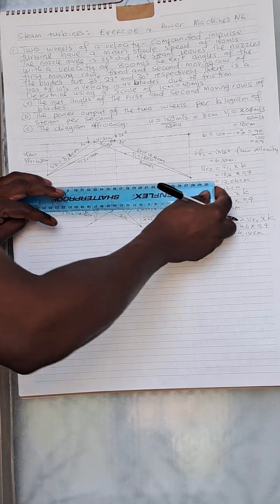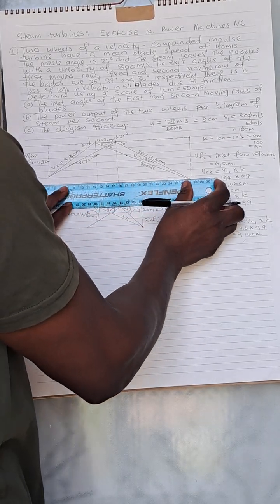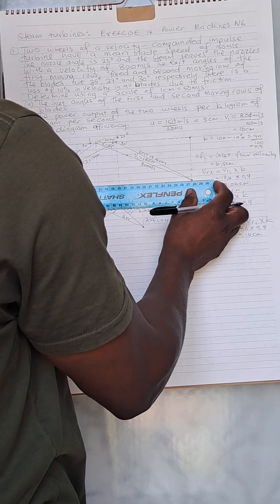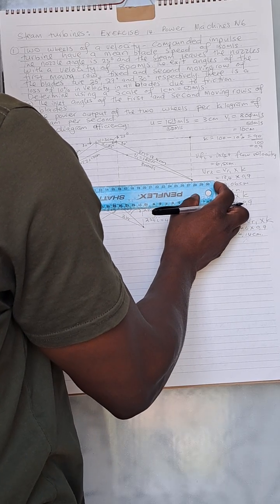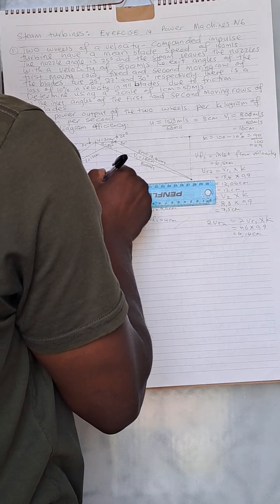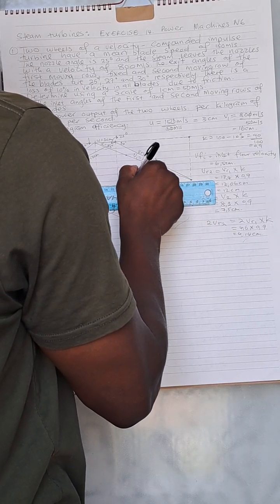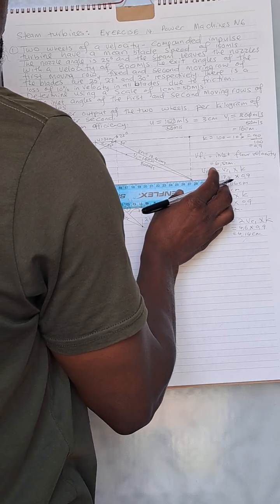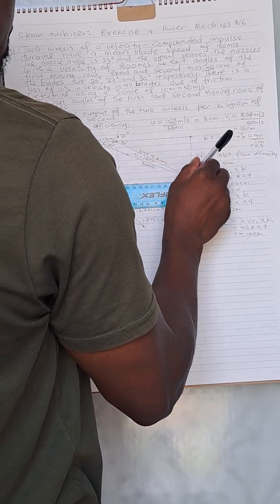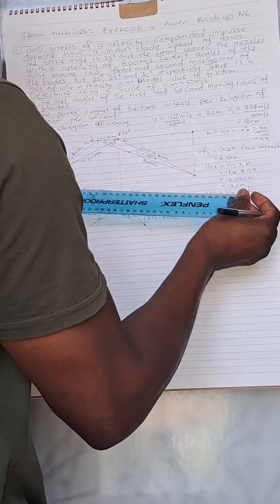So what we now need to do is to measure the wheel velocities of the two stages. So we need to get our wheel velocity, which you measure from the two ends of your inlet and outlet velocities. So let's check what we are getting there.